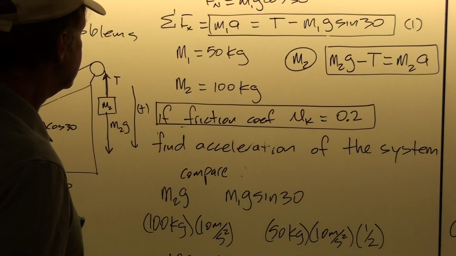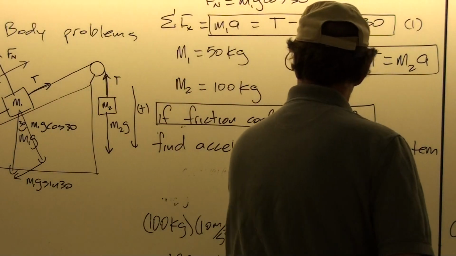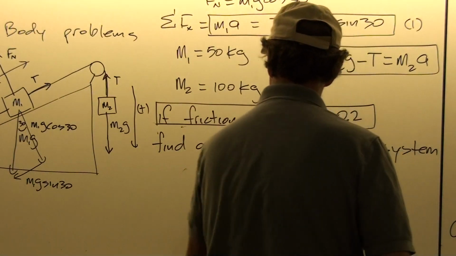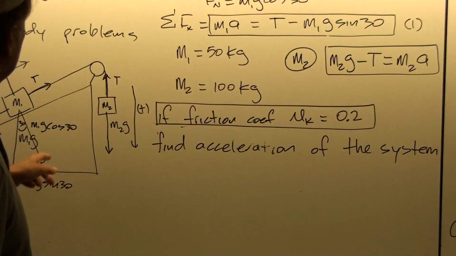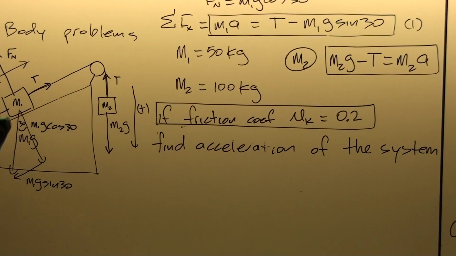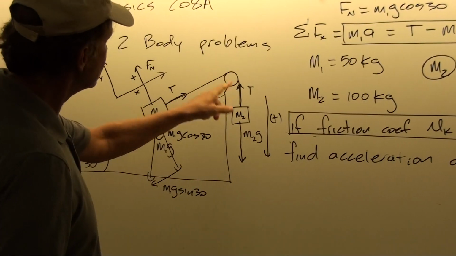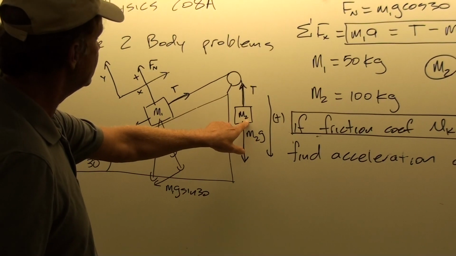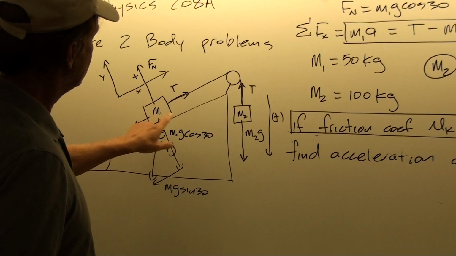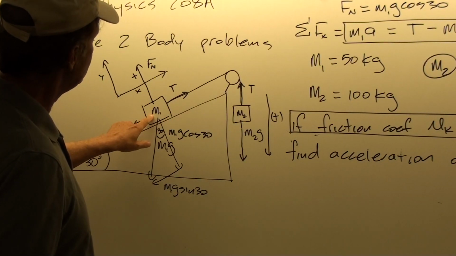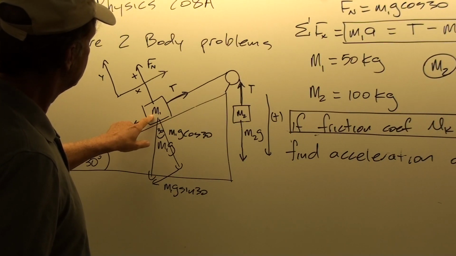All right, so if we're going to find our acceleration, the first step in this problem with friction now is the same as before. We would compare M2g to M1g sine 30.